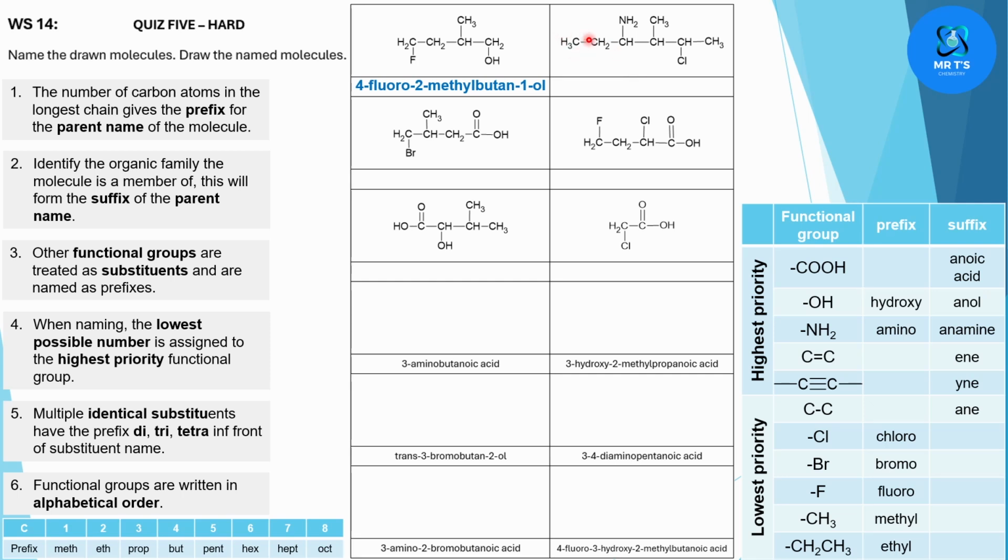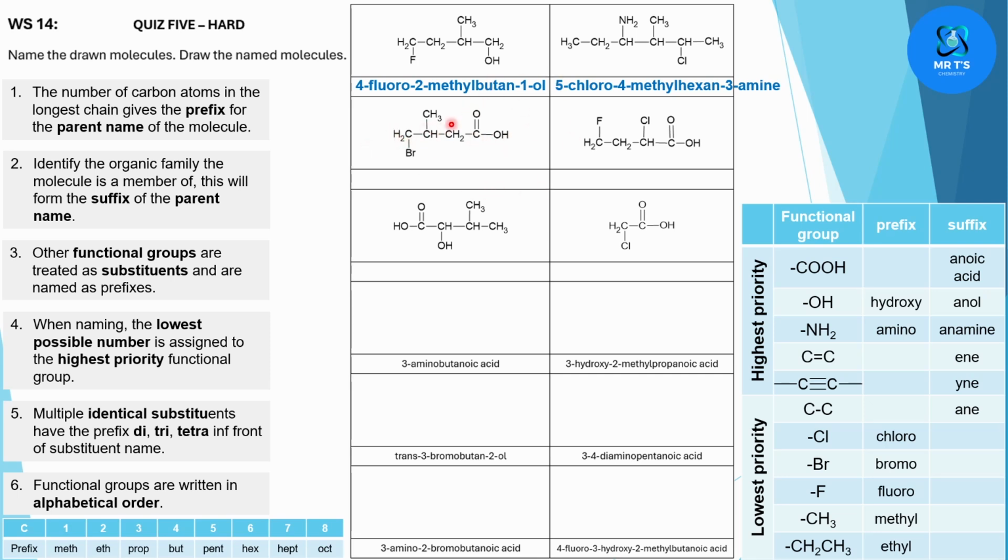So we're going to go 1, 2, 3 and give it a number 3. So this is going to be hexan-3-amine, and it's going to be 5-chloro-4-methyl hexan-3-amine.